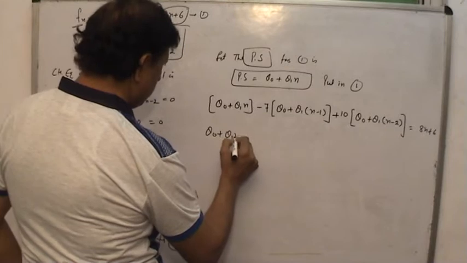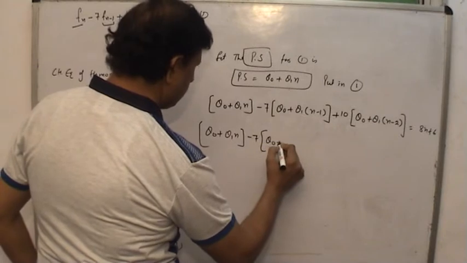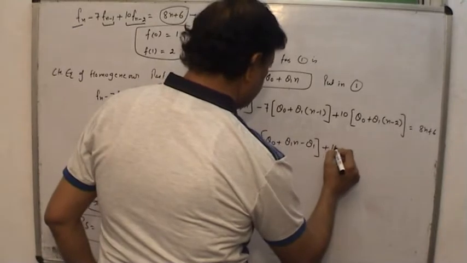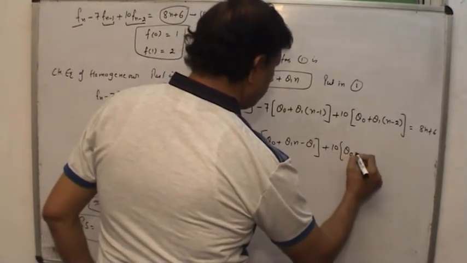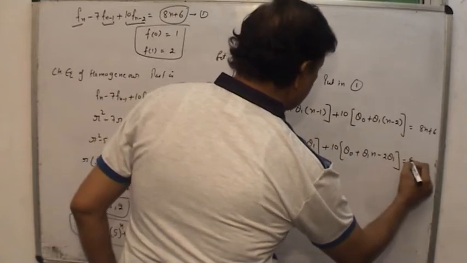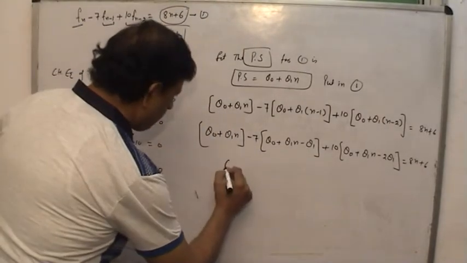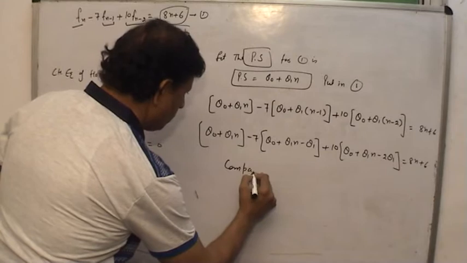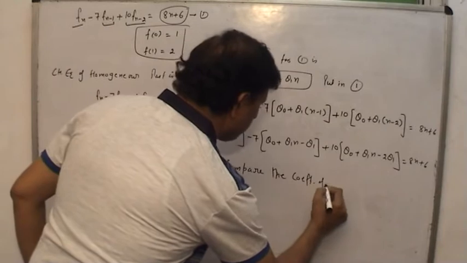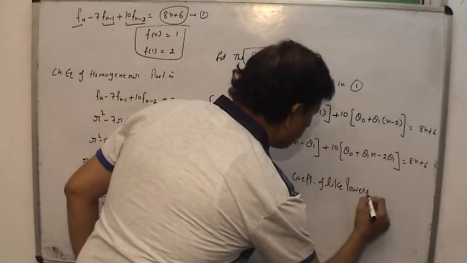Here Q0 plus Q1 n minus 7 times Q0 plus Q1 n minus Q1 plus 10 times Q0 plus Q1 n minus 2 times Q1 is equal to 8n plus 6. What we do? Compare the coefficients of like powers on both sides.